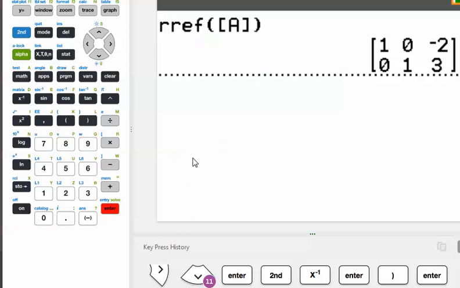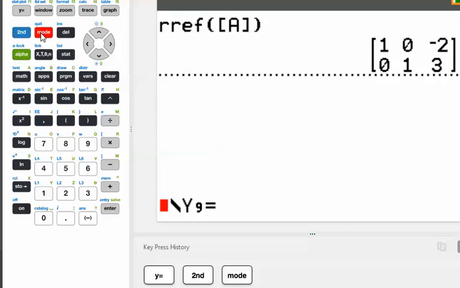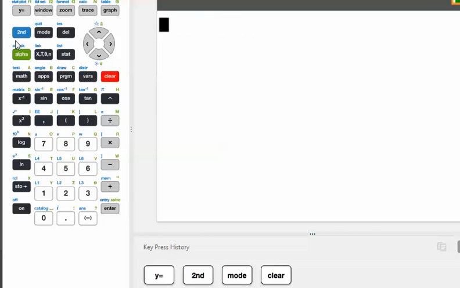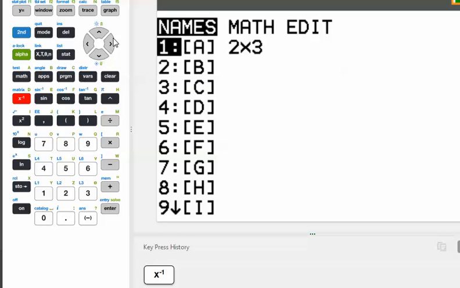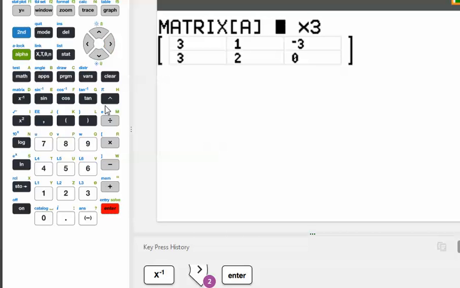Okay, so we go to the calculator. Let's clear the screen. Second quit. All right, let's go to matrix, second matrix. We're going to go to edit. I'm going to continue to use matrix A. There's no reason why I shouldn't. So it's still going to be a 2 by 3.